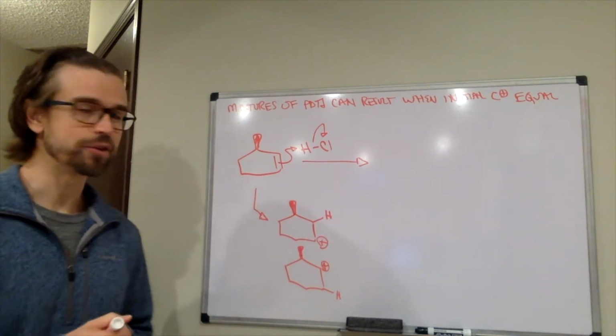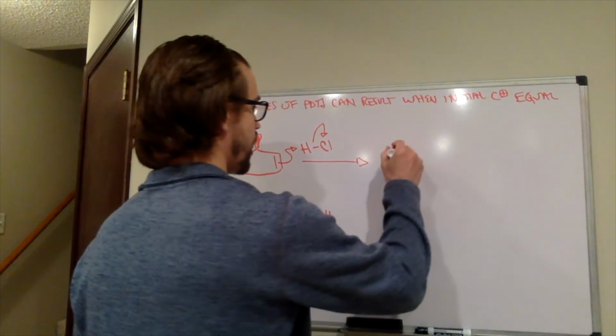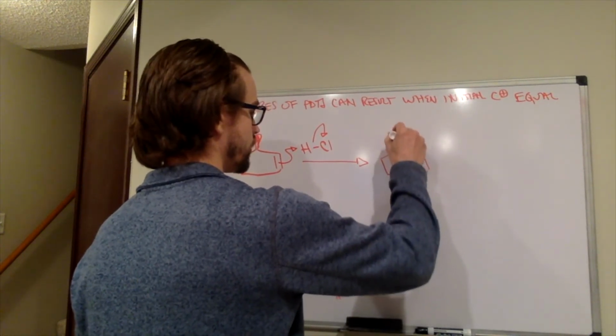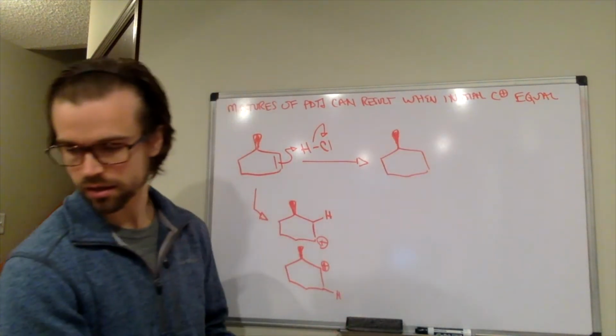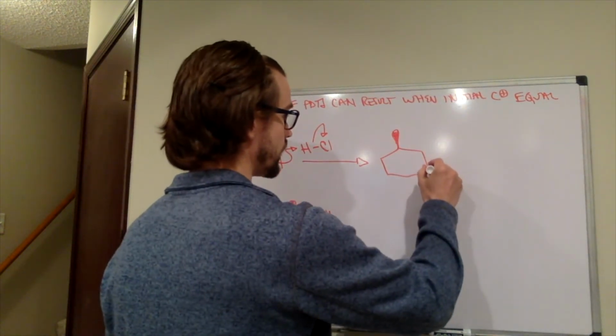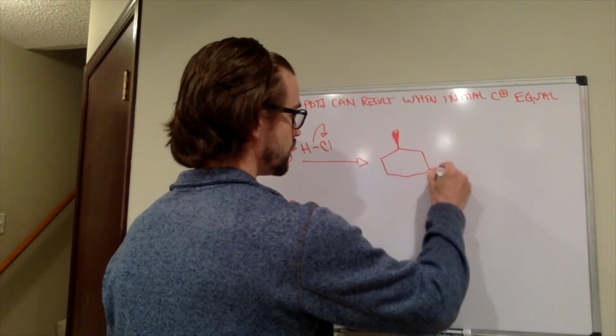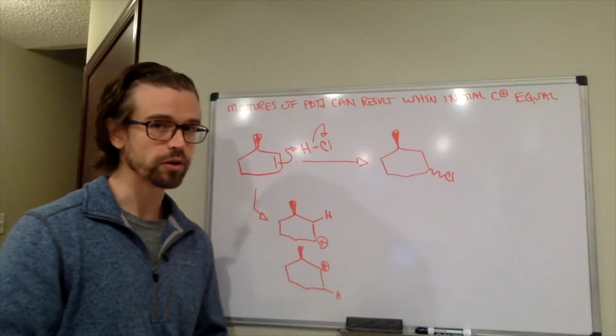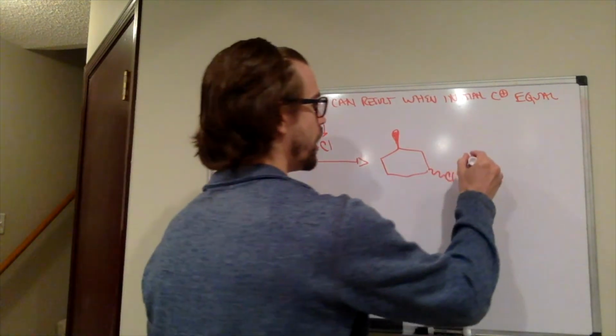I'll bet a lot of you maybe predicted that the products would have the chlorine in this location, and it theoretically could add to both sides. So we'll do the squiggle. You've seen the squiggle before.